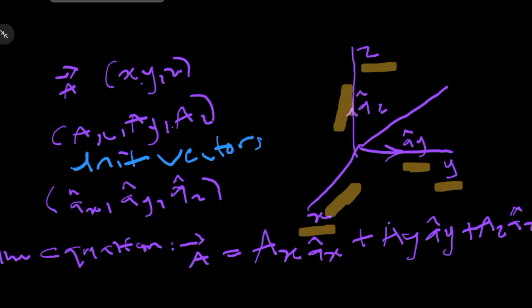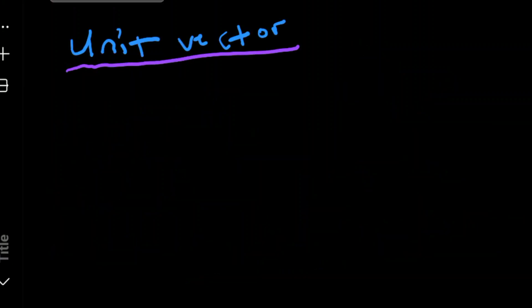So this is the equation of how a vector should be written. The unit vector is a specialized tool used to describe only direction without worrying about how big the quantity is.